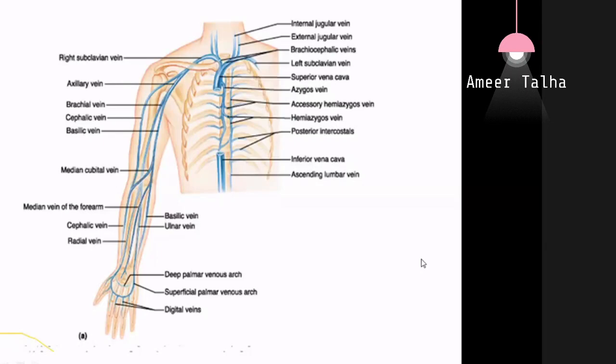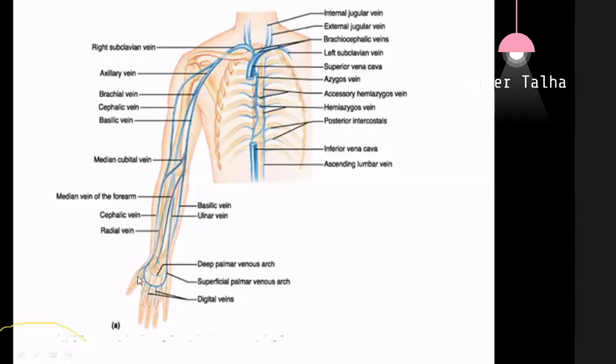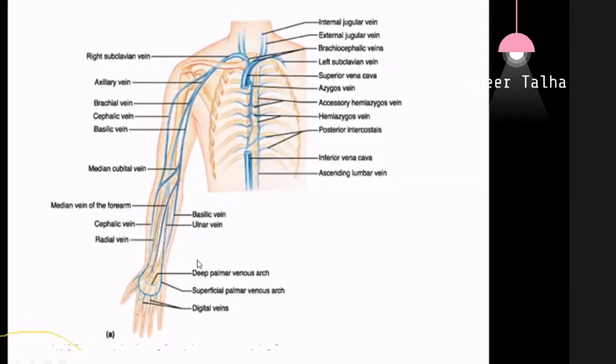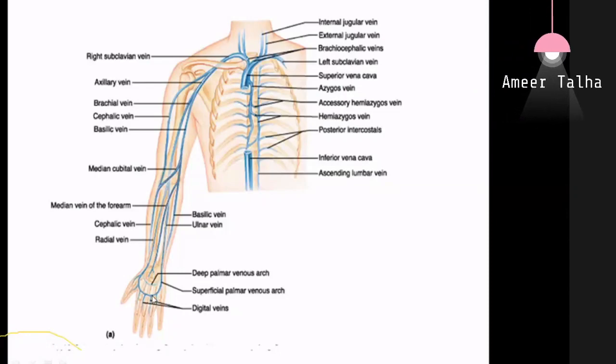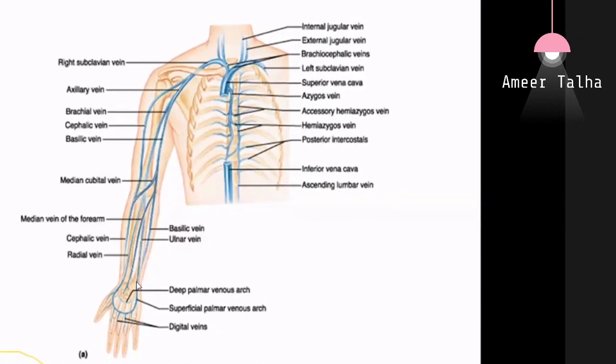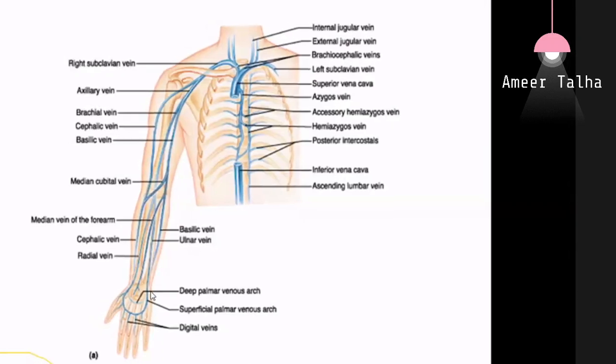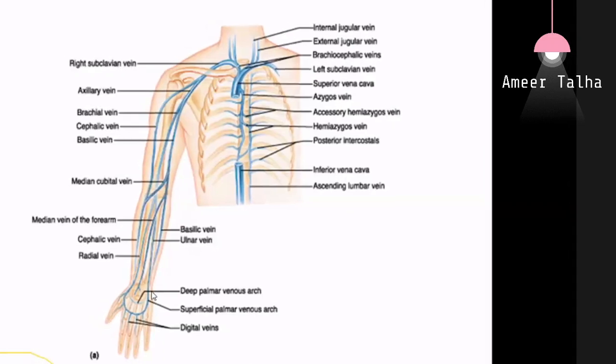You know that the veins do not have valves and they are thin walled structures. So in case they are present under the extensor expansion or the muscles, in case of the contraction of these muscles, that would lead to the blockade to the venous return. So when these are present superficial to the extensor expansion, even in the condition of flexed hand or flexed fingers, the venous blood will not be hindered to flow back to the systemic circulation.